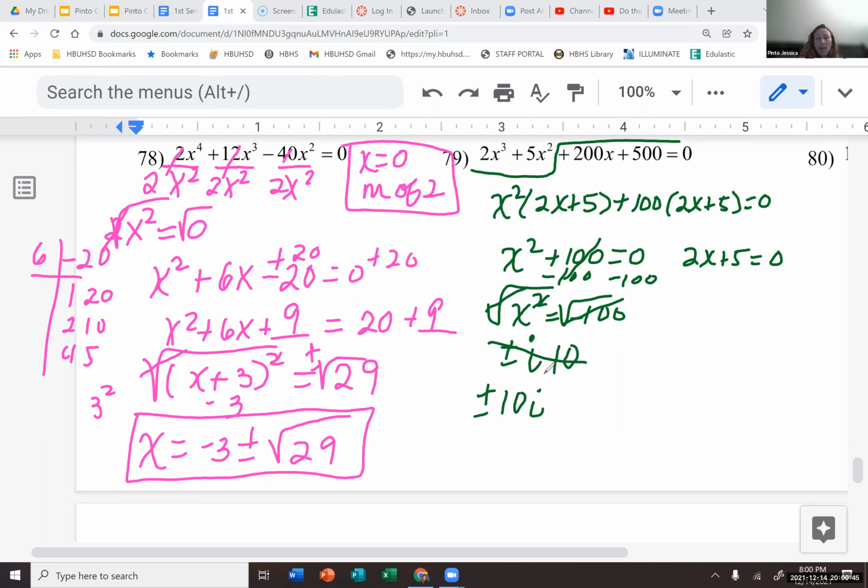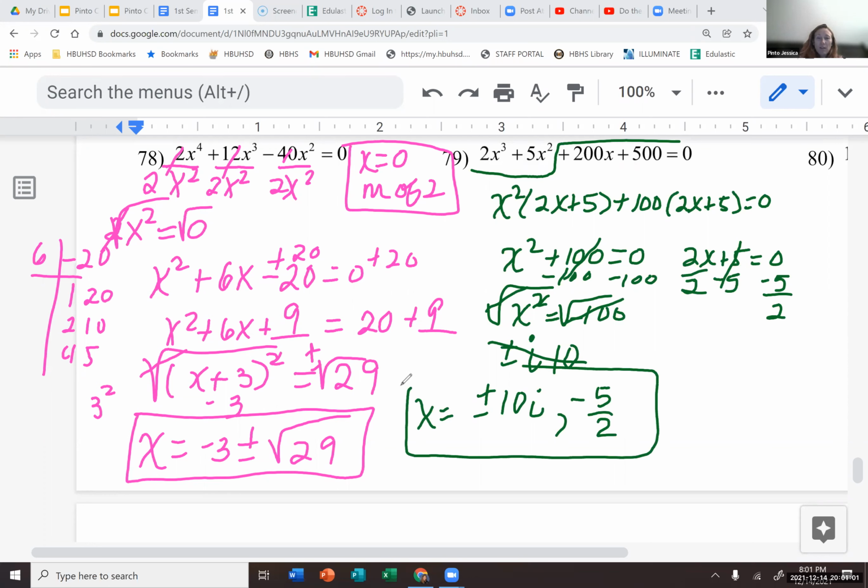That looks better. So that's 2 solutions. And then the 2x plus 5 gives me my last solution of -5/2. So those are my 3 answers. I liked that I was able to take the square root of the -100. That was fun.